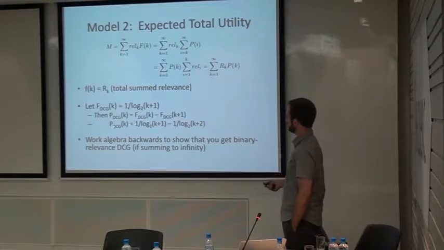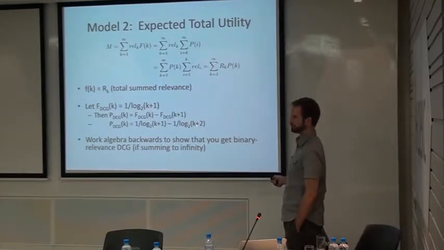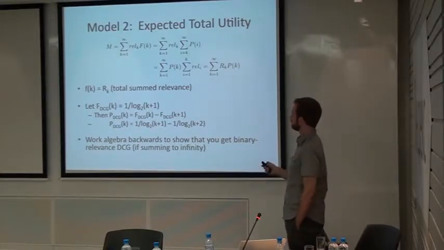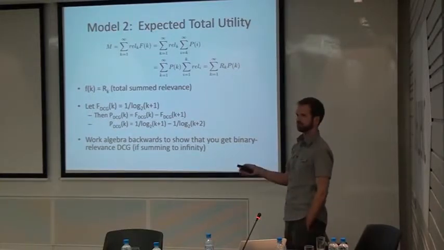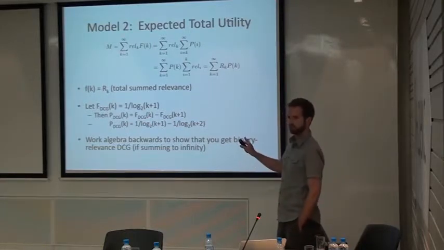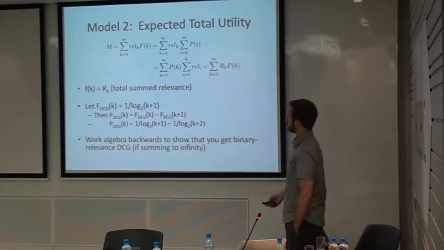The second model is called expected total utility, and the idea here is that we convert our thinking about stopping probabilities to thinking about viewing probabilities. So we ask, what is the probability that the user would see the document at rank k, rather than the probability the user would stop at the document at rank k.